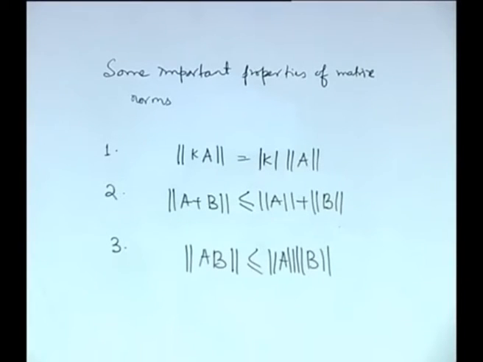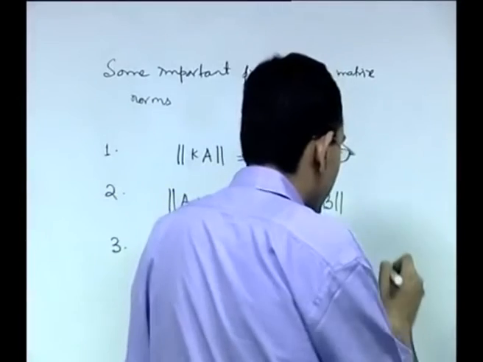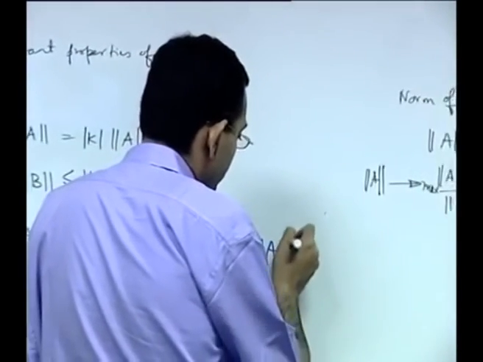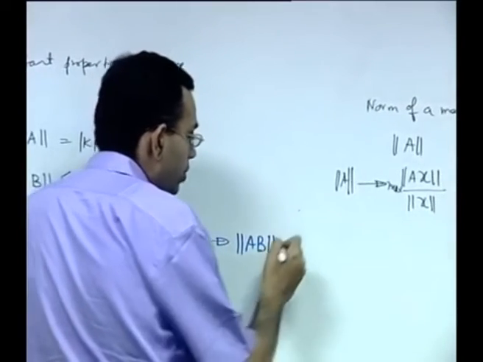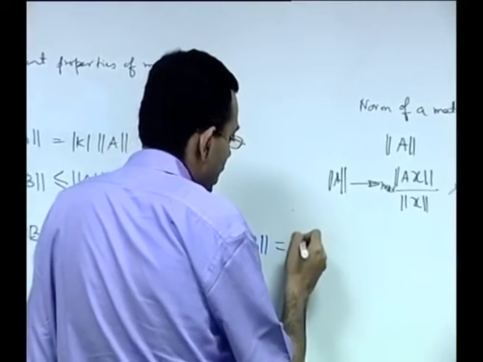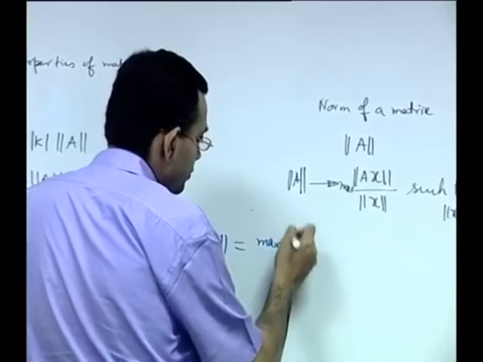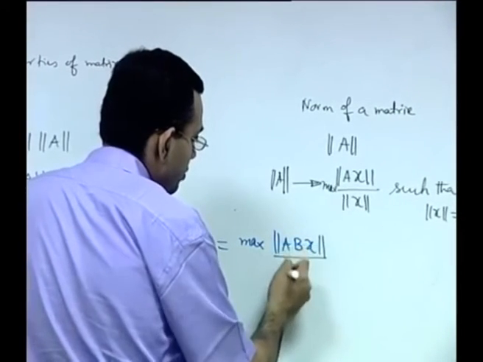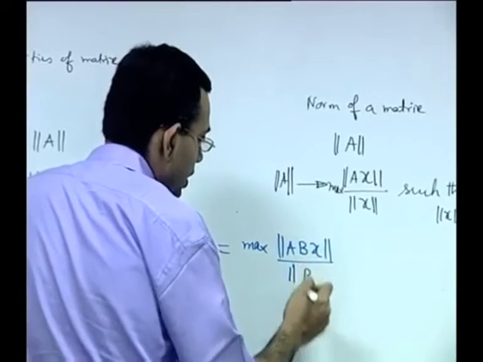So, this can be shown in a simple way. You can write norm of AB as max of norm of ABx by norm of x.